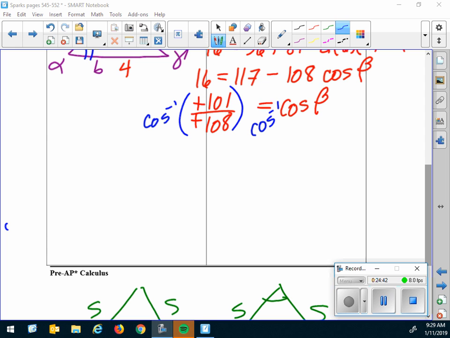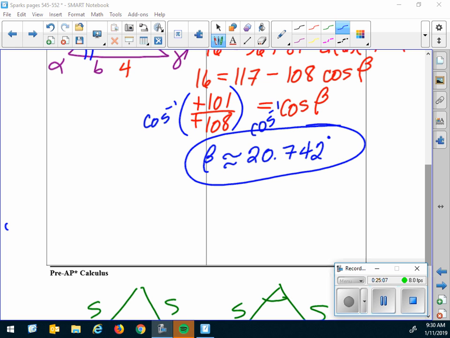Now do cosine inverse of both sides. You getting 20? All right. Now, listen, you do not have to show any work on gamma.